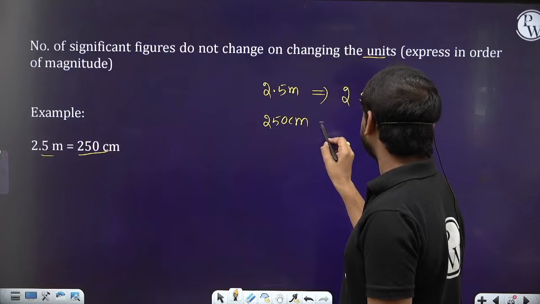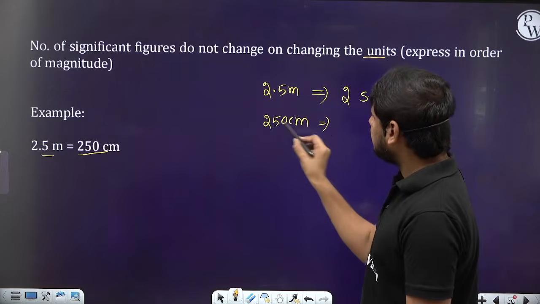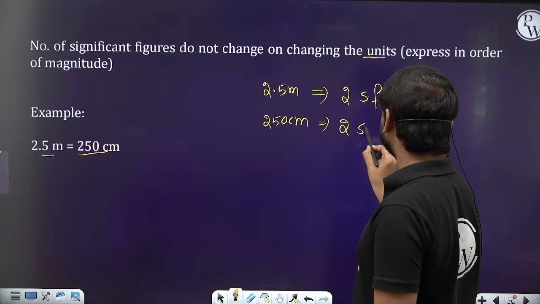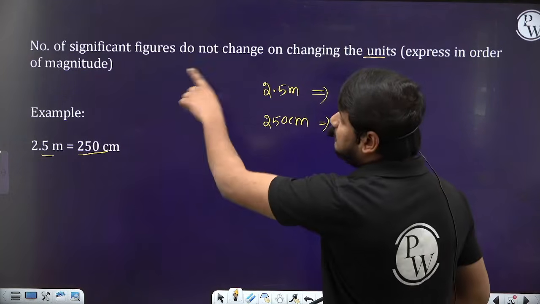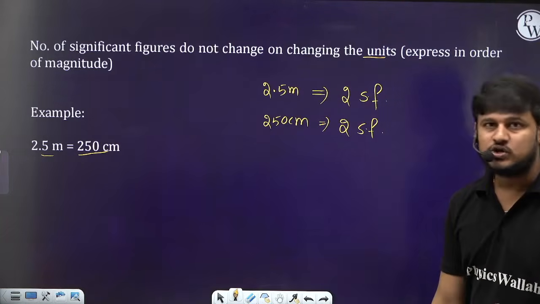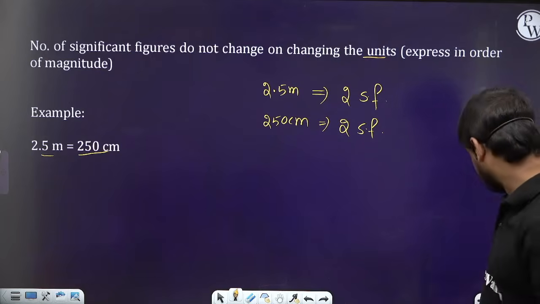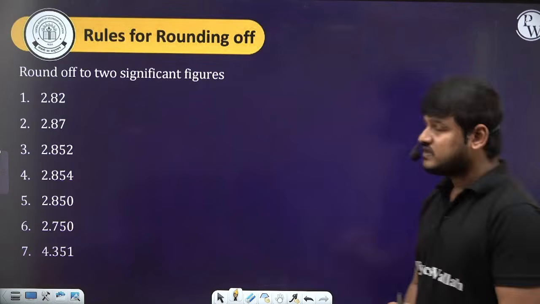The ending zero is insignificant, so this is again 2 significant figures. So the number of significant figures does not change on changing the units. Clear? Simple things.